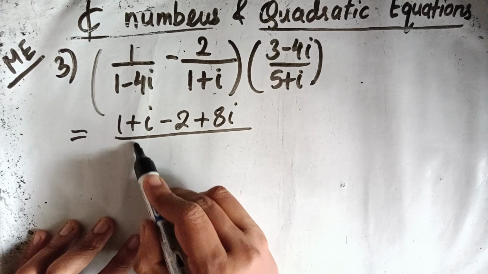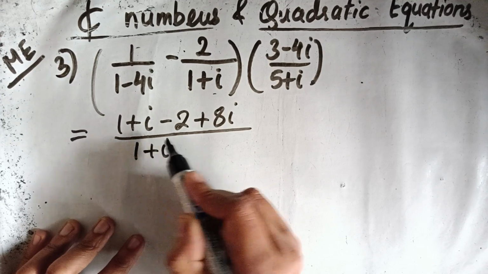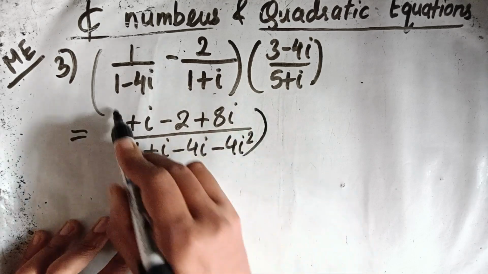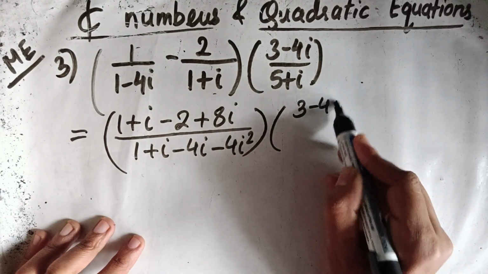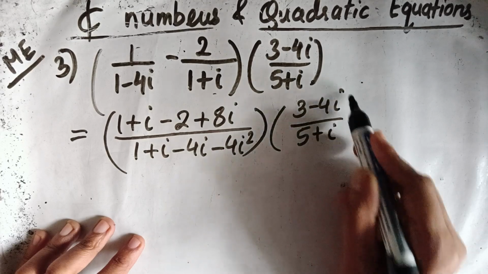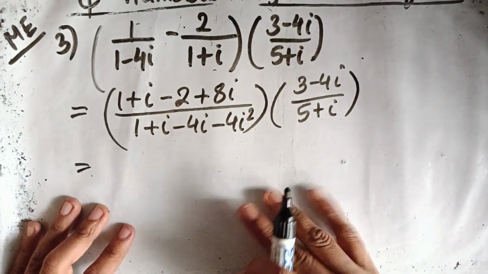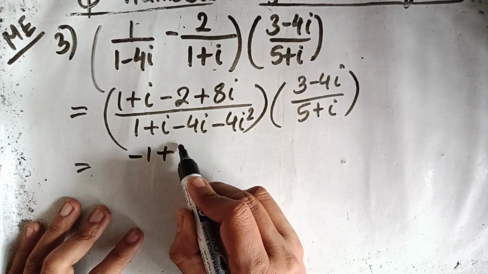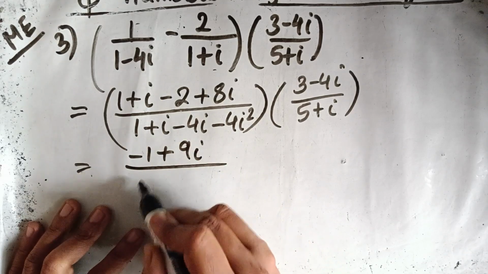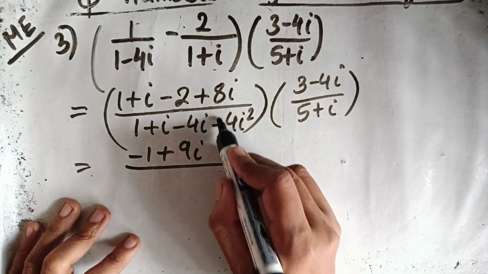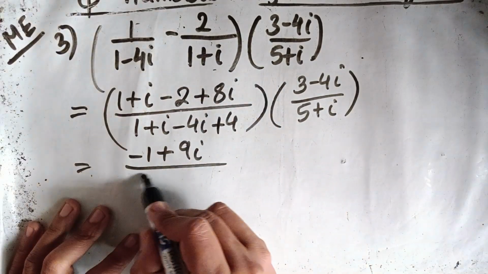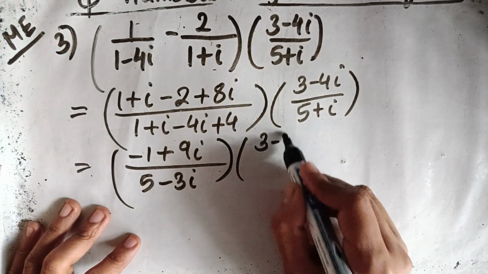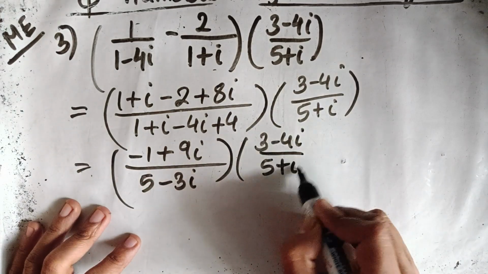Multiplying this you will get 1, minus 2, minus 1 plus 9i upon, this will be plus, so 5 minus 3i into 3 minus 4i upon 5 plus I. Okay.